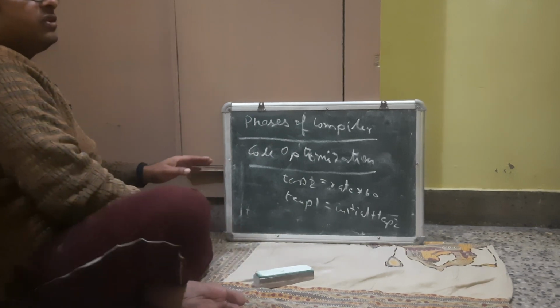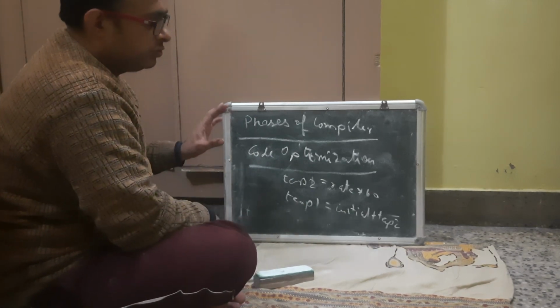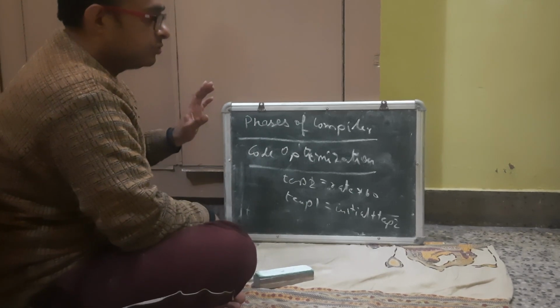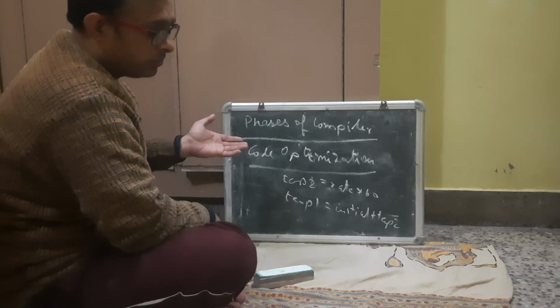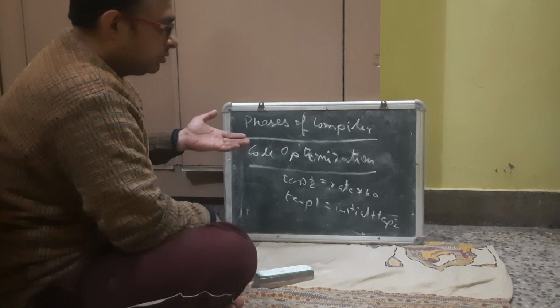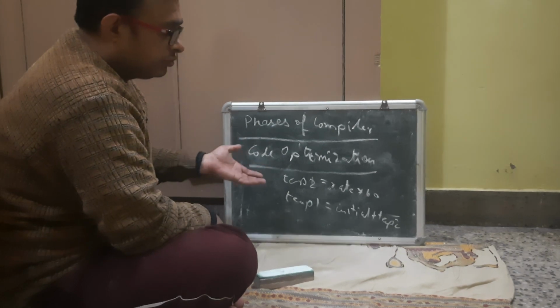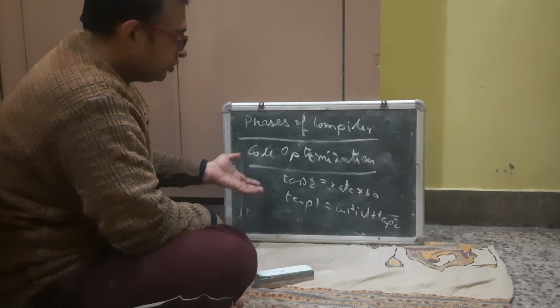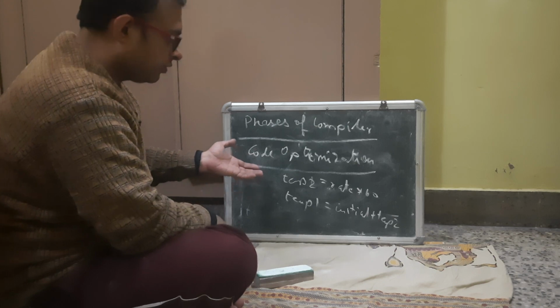This matters when the code is very big. With very large coding files, optimization is actually worthwhile, because it will significantly improve the execution time and the space efficiency of the code.